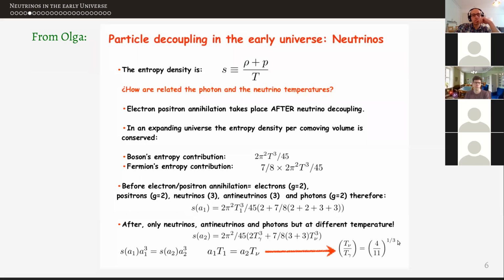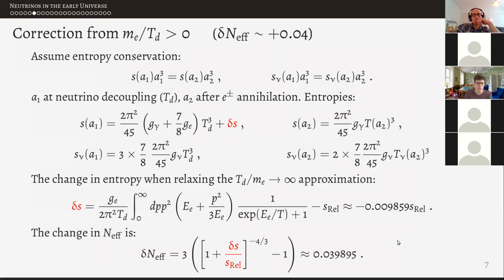If we now want to include the effect of non-zero electron mass, we can basically set up the same argument. So we assume entropy conservation between a scale factor A1 and A2, both for electrons and positrons, and also for neutrinos.